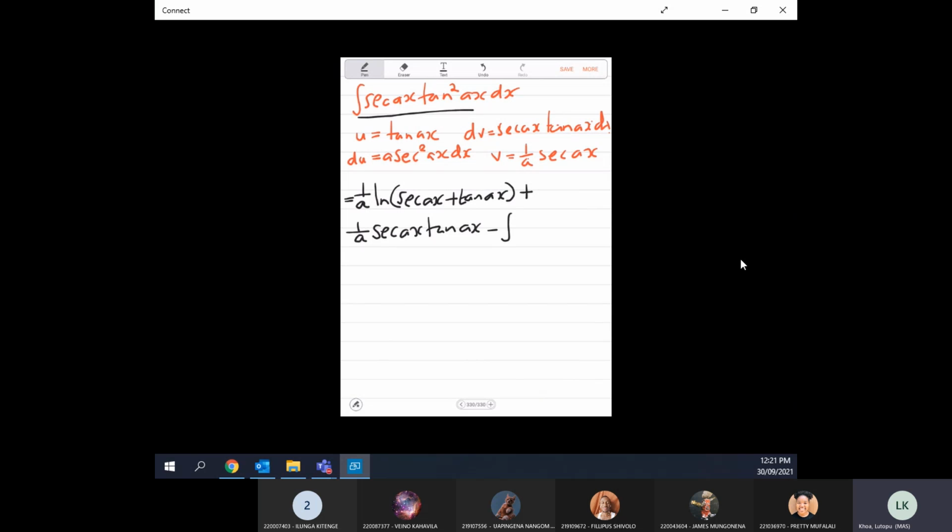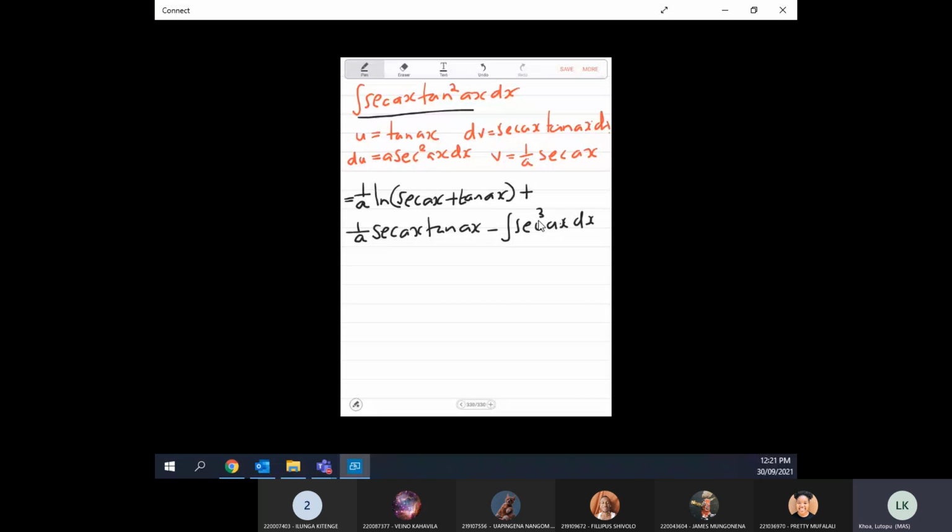And then minus the integral of v times du. Okay, v times du, the a and the 1 over a will cancel, and then I have the integral of sec cubed ax, which is the same as what we were given to integrate, minus sec to the power of 3 of ax dx. Then this side, sec cubed of ax, we take it to the other side.